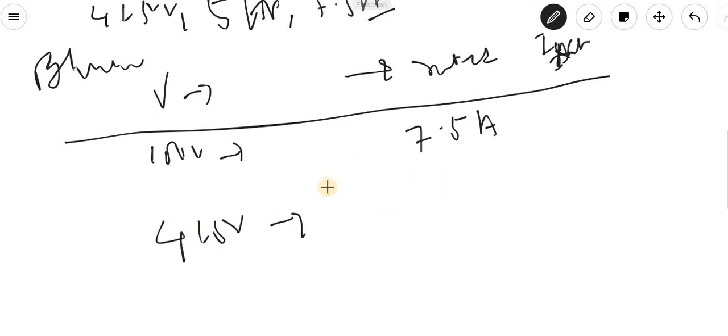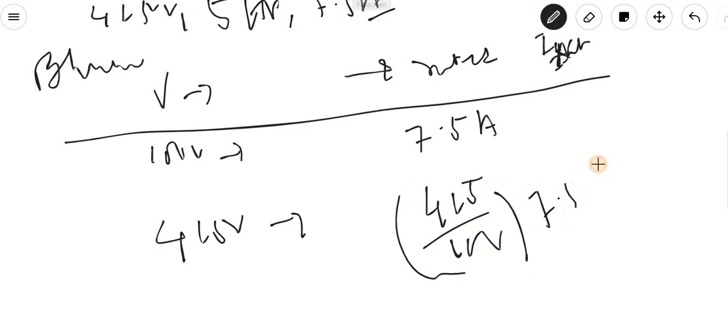So that much voltage, that much current, and this is linearly proportional. 415 means 4.15 into 7.5, this much, 31.125 ampere.